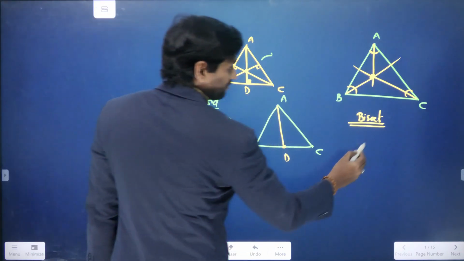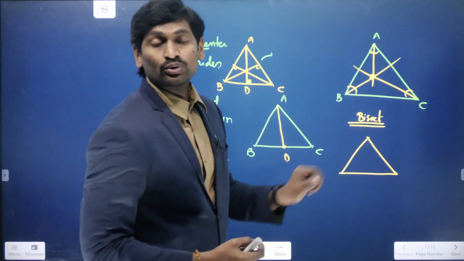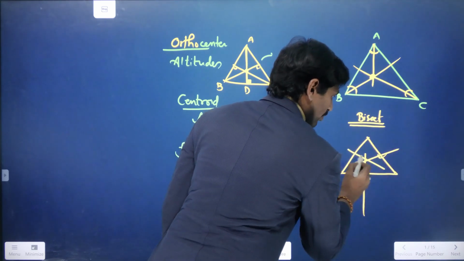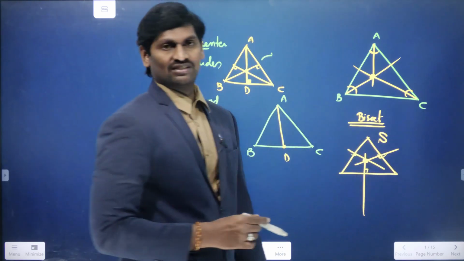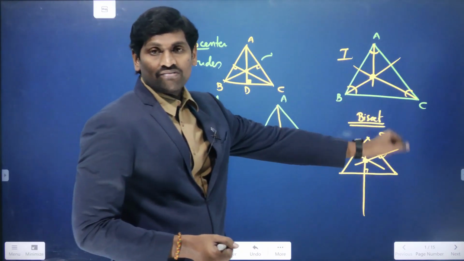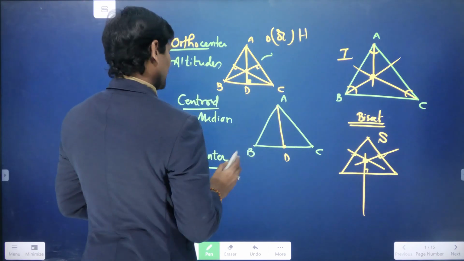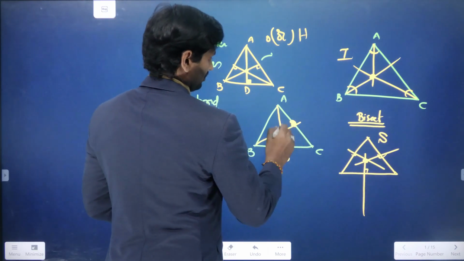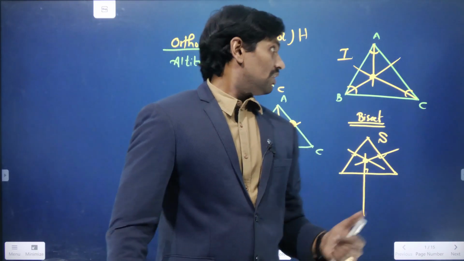Next, circumcenter. For circumcenter, for a triangle we should draw perpendicular bisectors to the sides, and their point of concurrence will give you the circumcenter. We represent it with the letter S. Incenter is represented with I, circumcenter with S, orthocenter with O or H, and centroid with Z. So this is about the different types of points formed by a triangle.